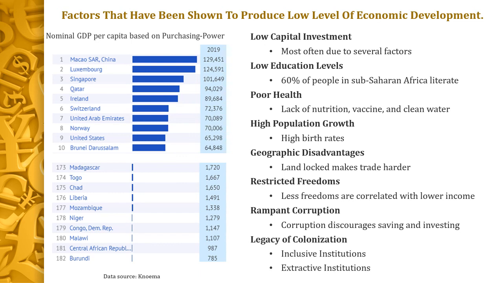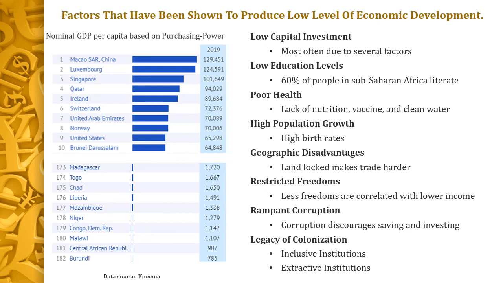And then finally, there is this thing called the legacy of colonization. Now, what's interesting is that when Europe went out to colonize, they looked at different areas differently. Some areas they looked at as places that they may want to stay. They might want to live forever. And when they found those particular places, like the United States or things like Canada and New Zealand, they brought what they call inclusive institutions.